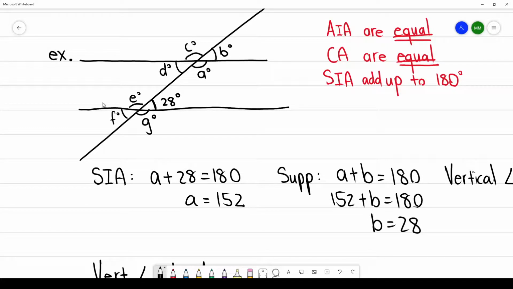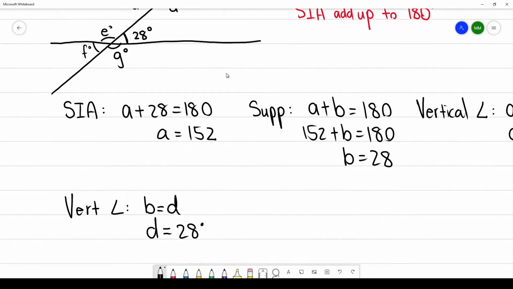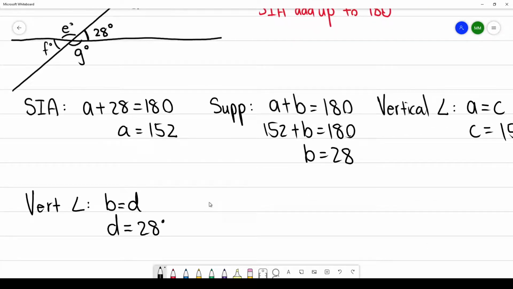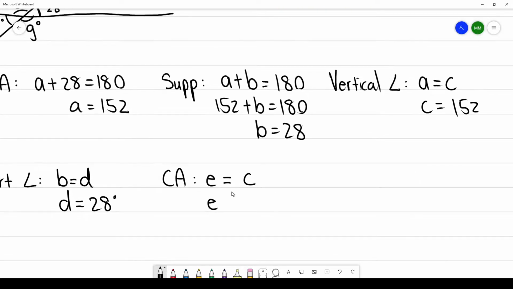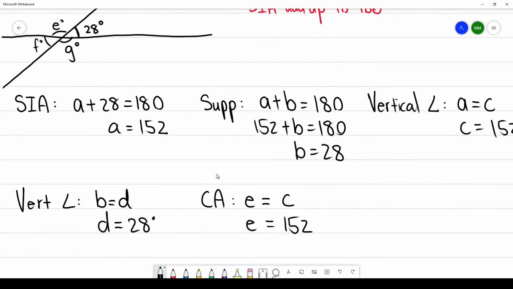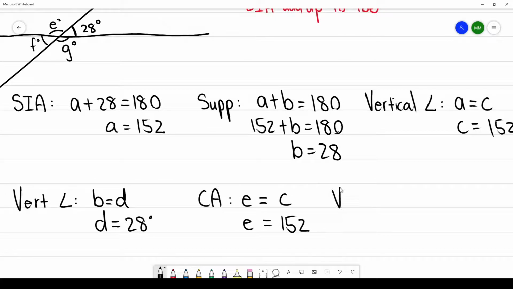So E and C, they are corresponding angles, and corresponding angles are equal. So E is equal to C. And what have we figured out C is? 152. So E is 152. And then F, there's still F. F, I'm going to use vertical angles.